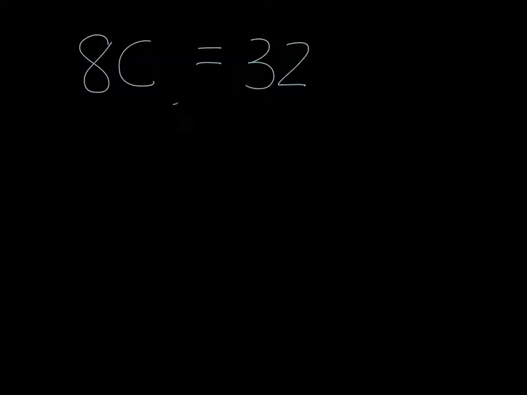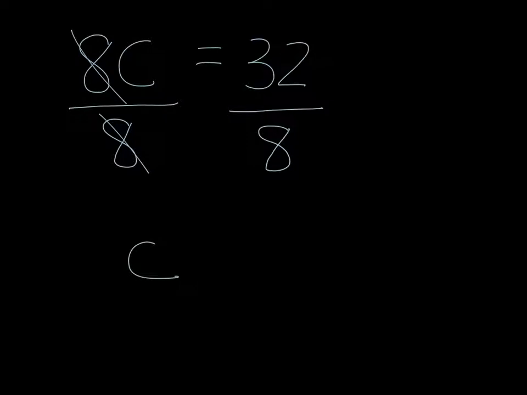So we're going to divide by 8, because remember we want to get rid of that 8. And because we did it on that side, we've got to do it on this side. So we divide by 8. That 8 and that 8 cross each other out, and we're left with c is equal to 32 divided by 8, which is 4. So what we did with the multiplication was we made a division.